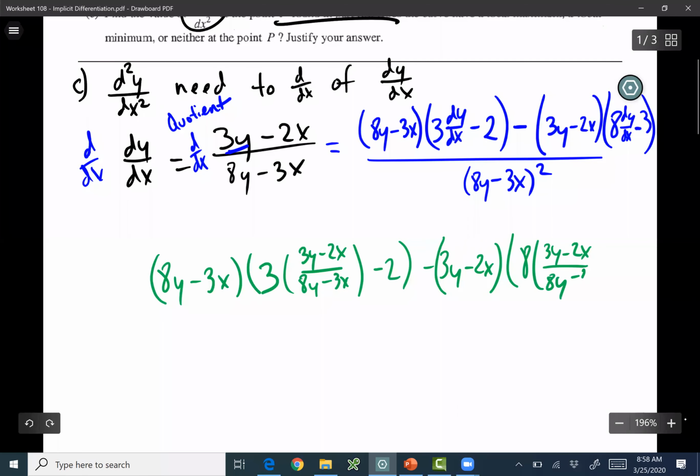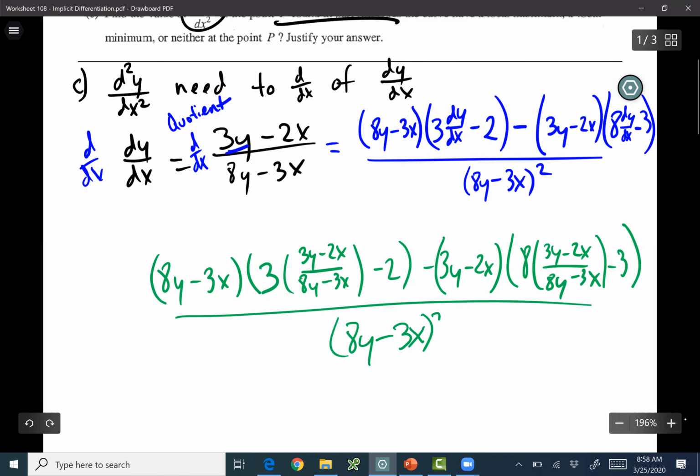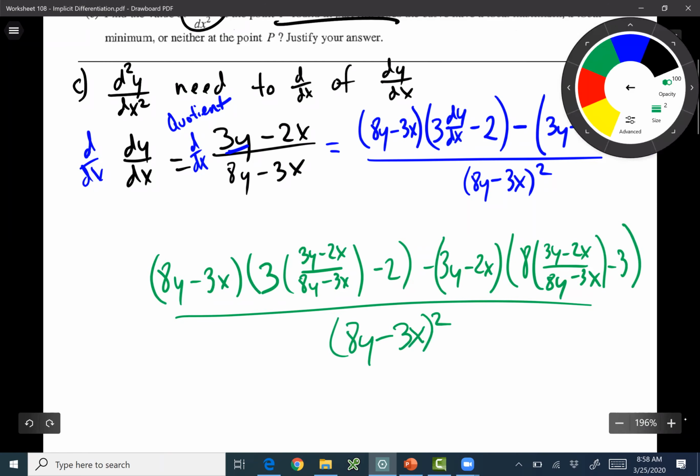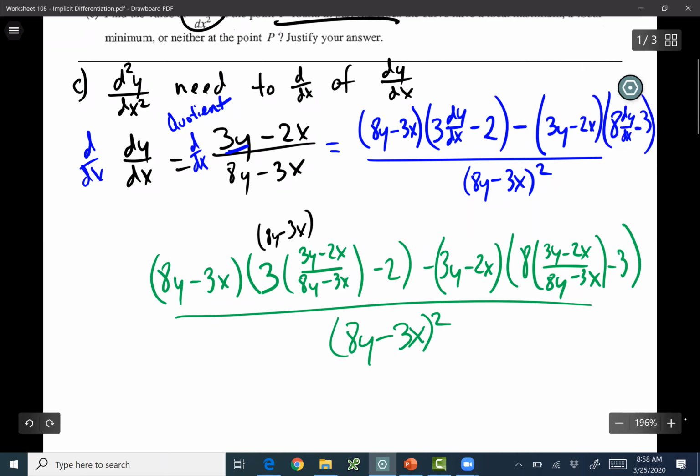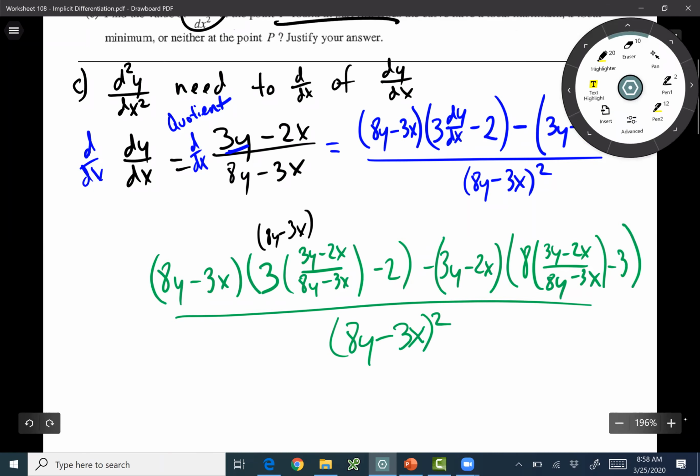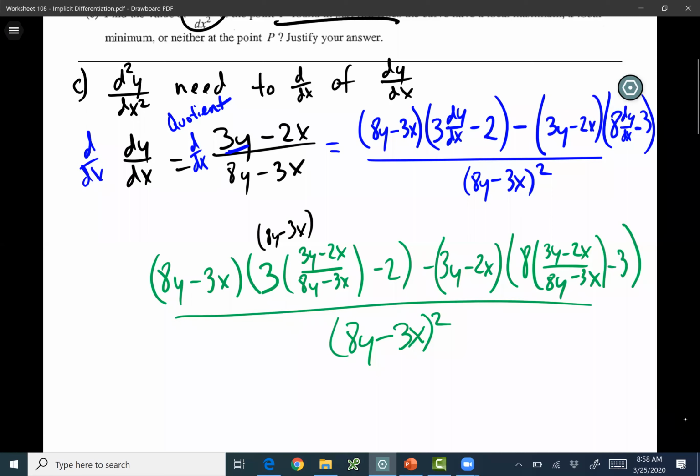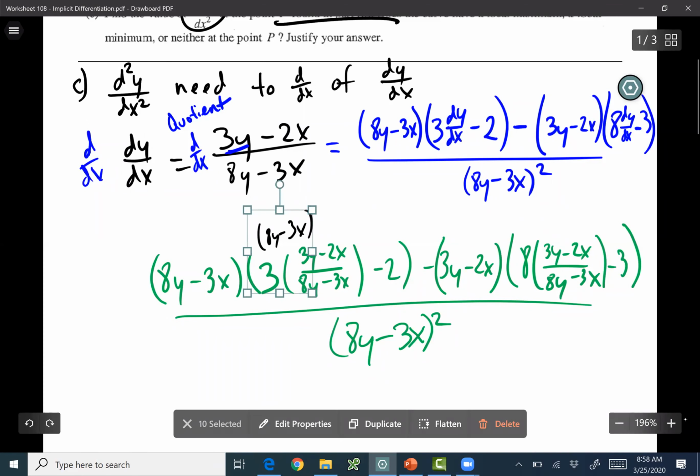And we don't need to do this on this one, but I just kind of want to show it quickly. What you would have had to do here would be multiply everything by an 8y minus 3x, because that's that denominator. Now, it's kind of interesting, and this is where a lot of students get confused, is what is this multiplied to?